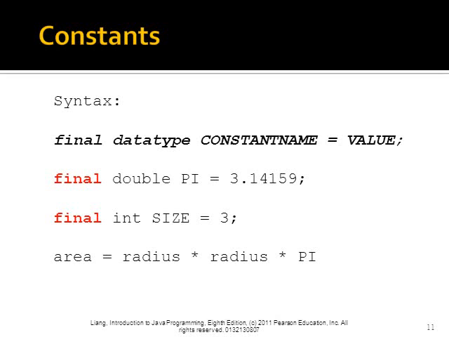Now, what is the advantage of using constants? So what is the advantage of using pi in our compute area equal radius times pi?